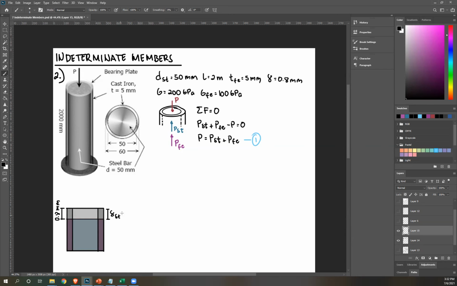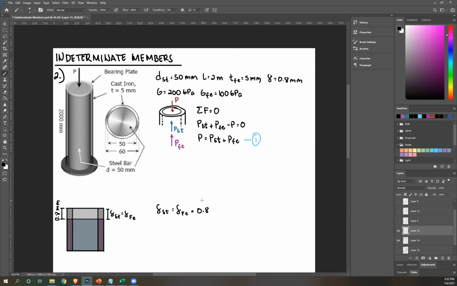So deformation of steel equals deformation of your iron. Okay, and then from this you can create your equation. So deformation of steel equals deformation of iron equals 0.8 millimeters. And then sub in your equation.